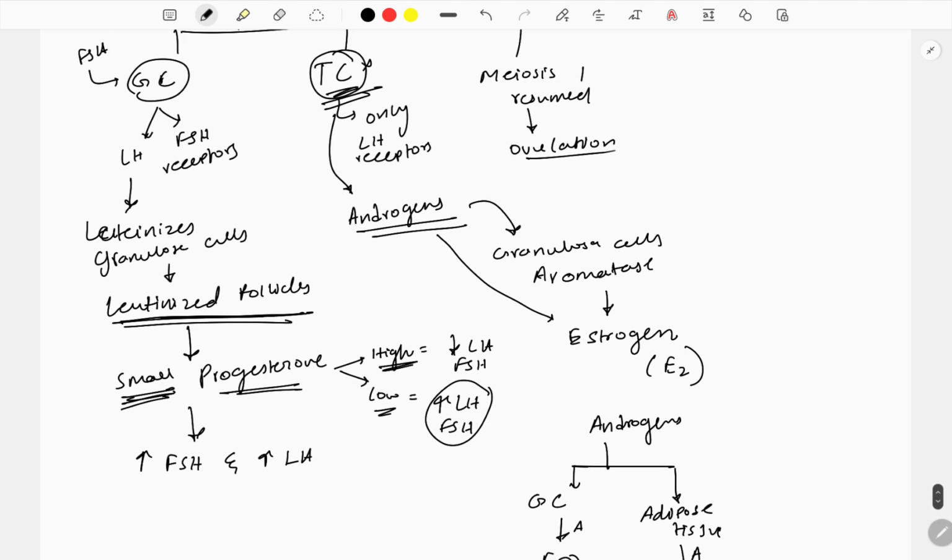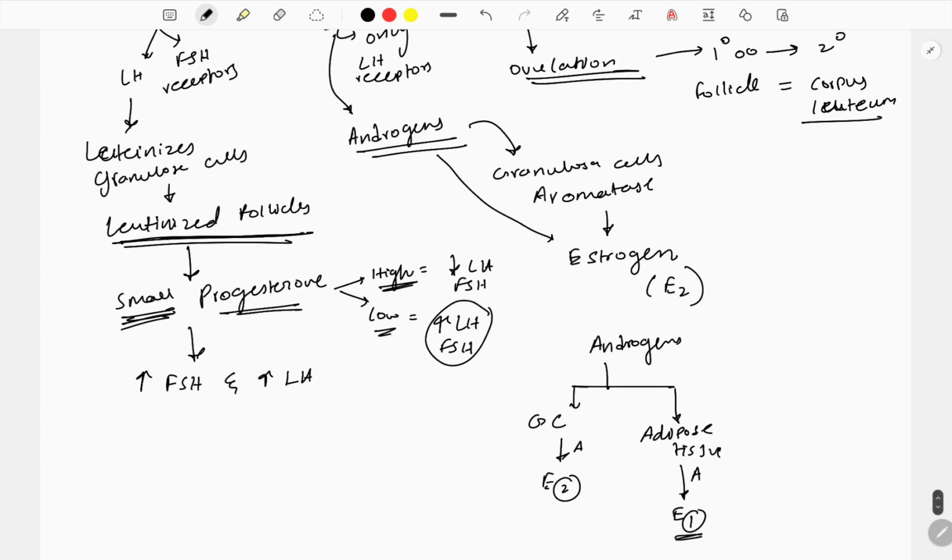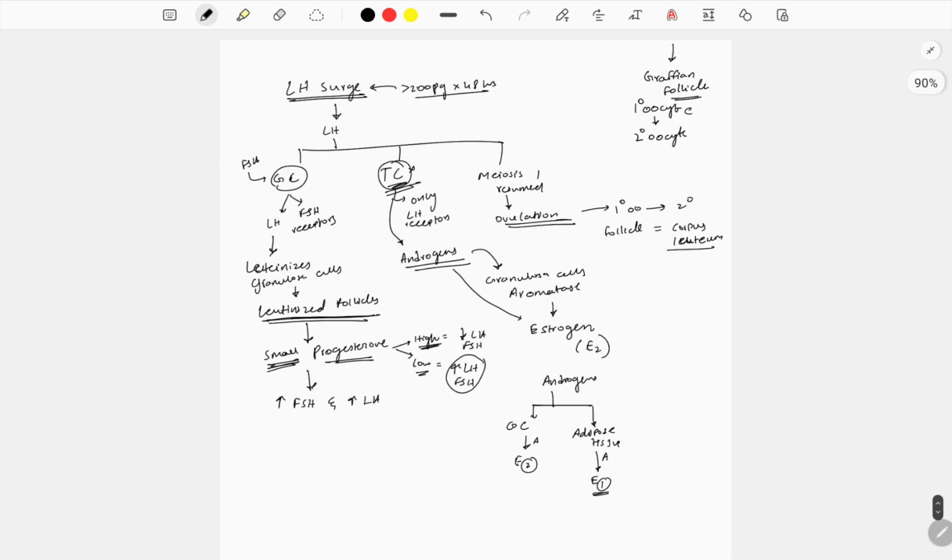Now, because ovulation is done, the primary oocyte gets converted into a secondary oocyte and the follicle gets converted into corpus luteum. Now in the next, this is the other part of the ovarian cycle.